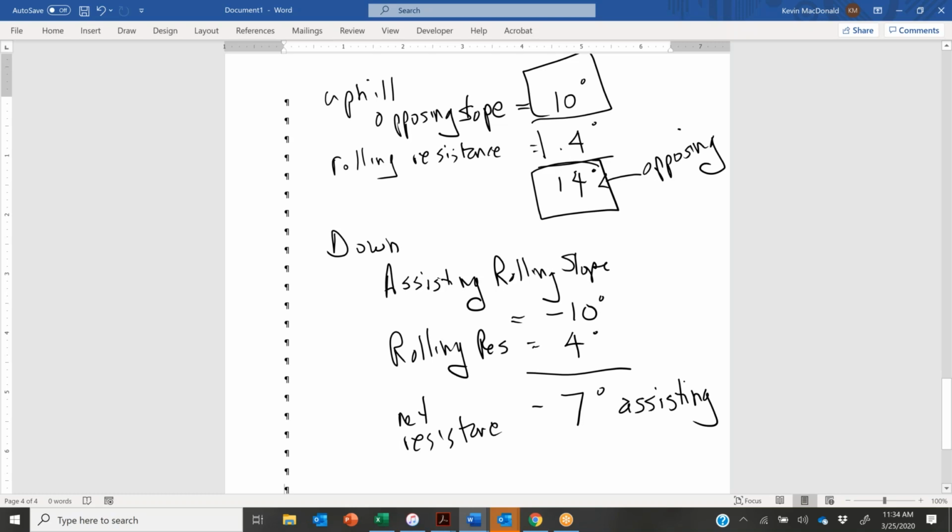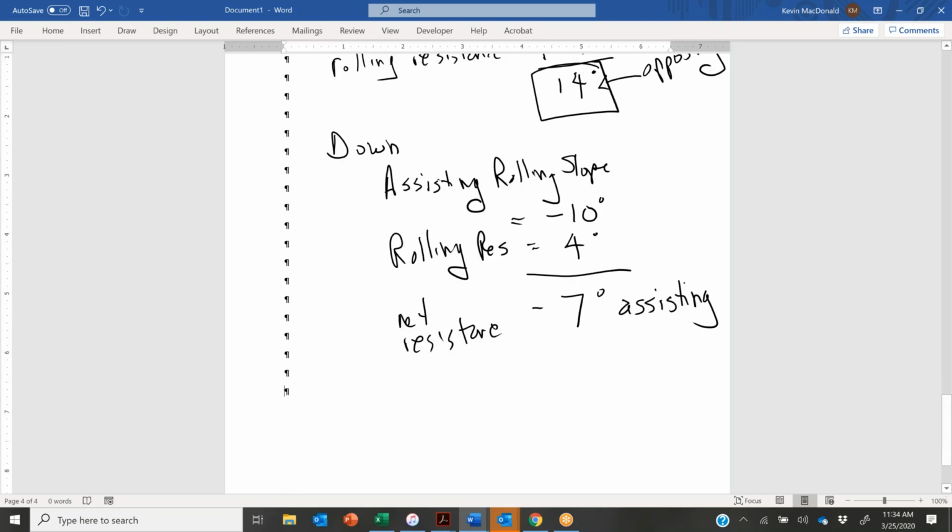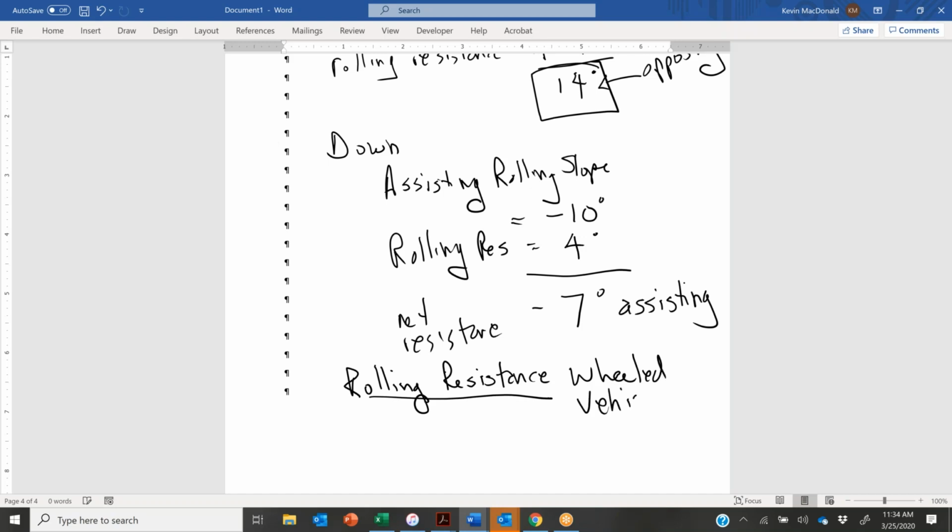So in these particular cases, we have to take this into account. And the way that we do it is we will convert our vehicle loads into a rolling resistance. So rolling resistance, a very important concept that only exists in wheeled vehicles because of their relatively small contact area. So what I'm going to do, because this isn't the clearest writing I've ever done, I'm going to get this writing cleaned up. And when I have this writing cleaned up, then I'm going to get this posted with some additional information.